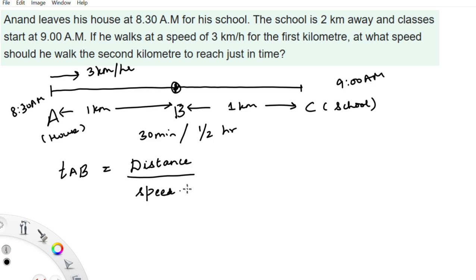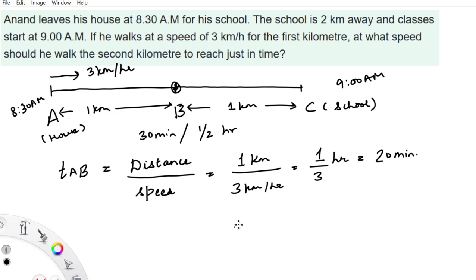So time is basically equal to distance upon speed, and we are given that Anand has covered 1 kilometer and the speed is given as 3 kilometers per hour. So eventually you get 1 by 3 hour, and this can be converted into minutes as well. So 1 hour is equal to 60 minutes. So 1 by 3 hours will be equal to 1/3 of 60, which is 20 minutes.